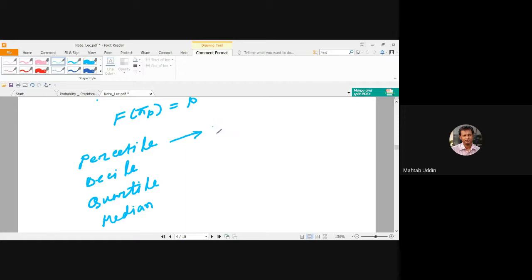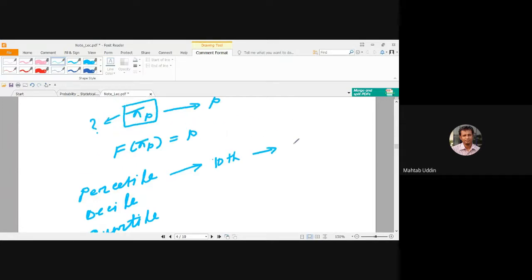So 10 percentile means 10%. What is the probability of 10%? 0.1. Say it says 27th percentile. What is the probability of the 27th percentile? 0.27. So if I say find the 27th percentile, you have to put p equal to 0.27 and find this position. Do you understand?